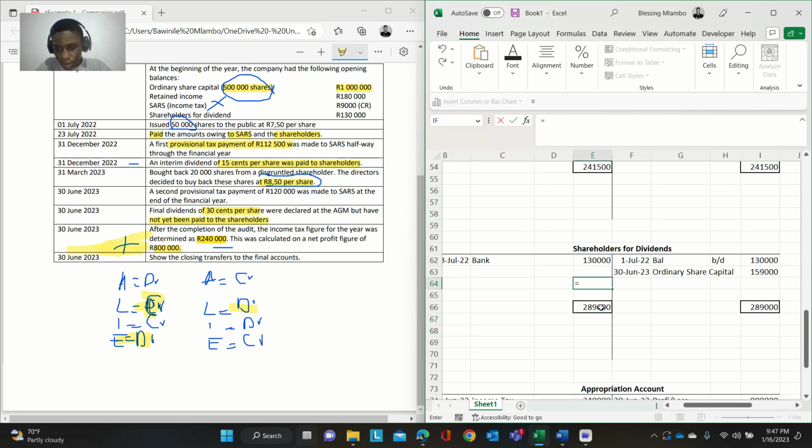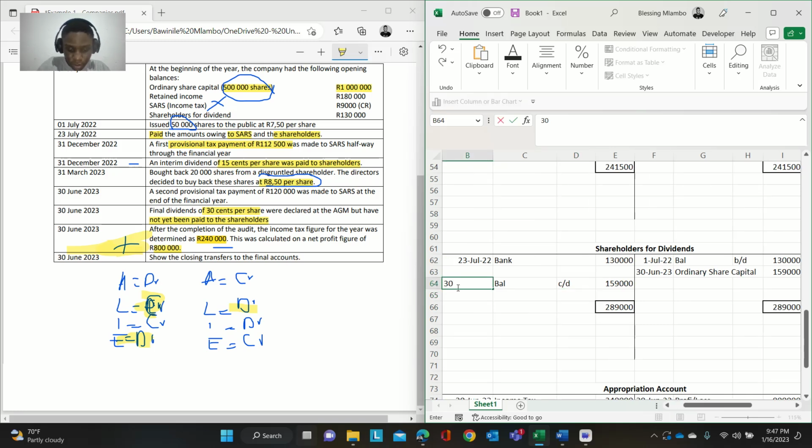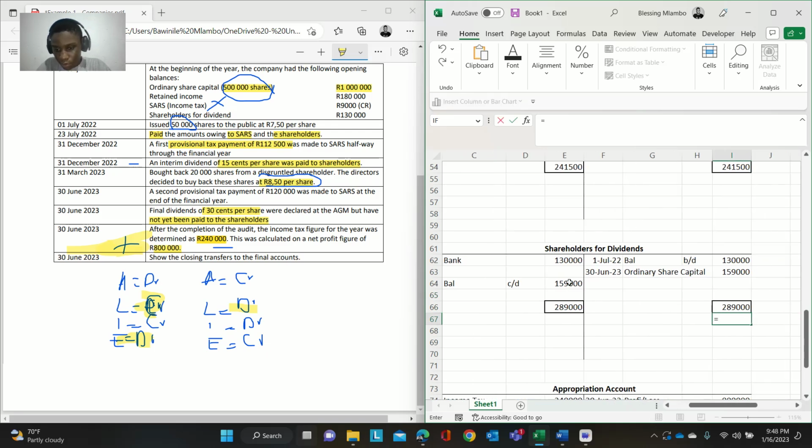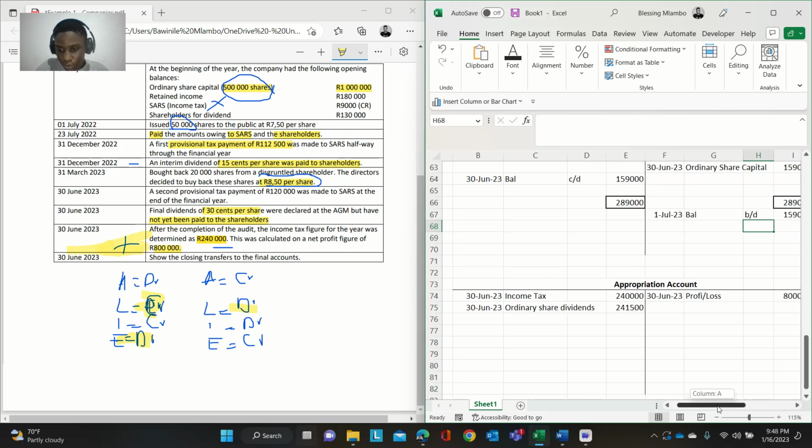Then the balance after subtracting this one will be the balance carried down at the end, 30 June 2023, and there will also be the opening balance the following month, on the 1st of July 2023. So this is the balance brought down.